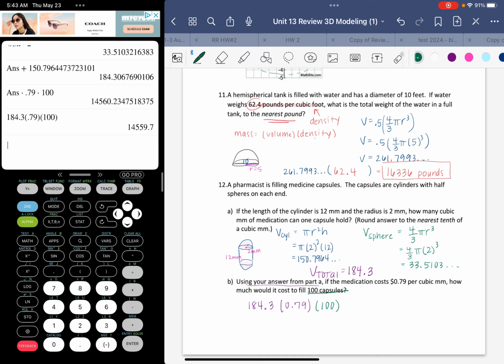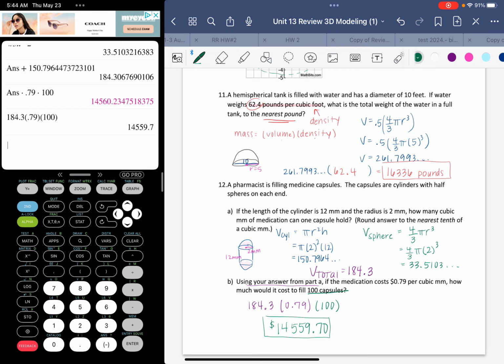And since it's talking about money, we would want to round it to the nearest cents. So this would be $14,559.70. But the more accurate answer is actually the one that we got when we used the full decimal. So it's really going to cost you $14,560.23.